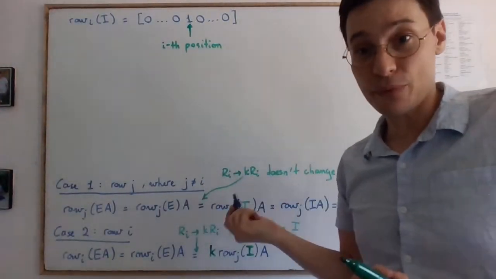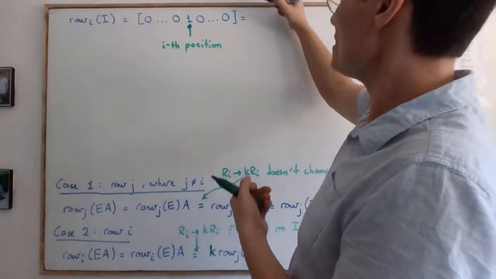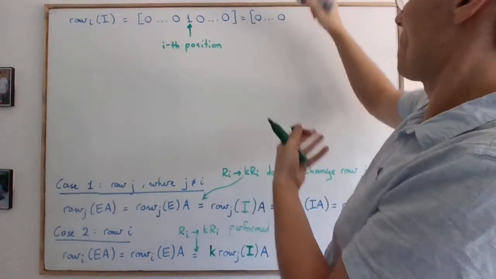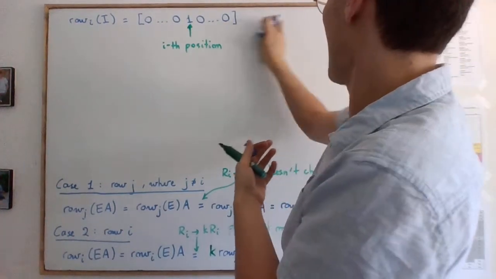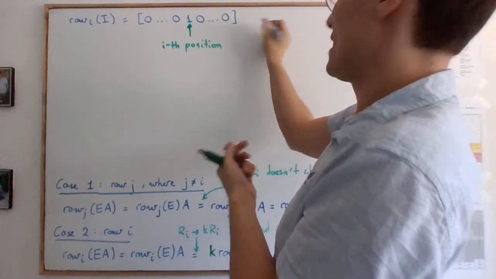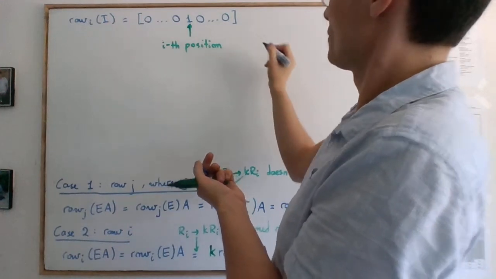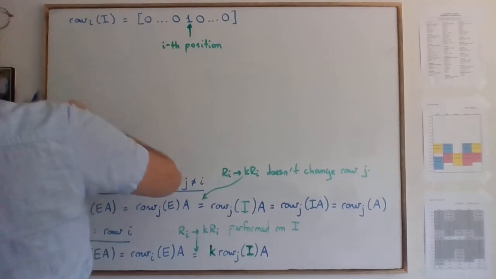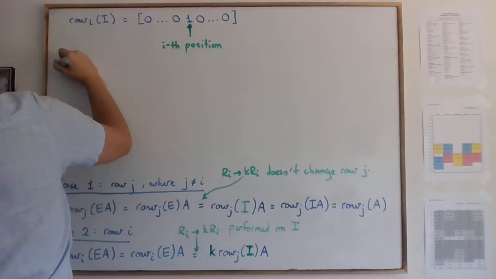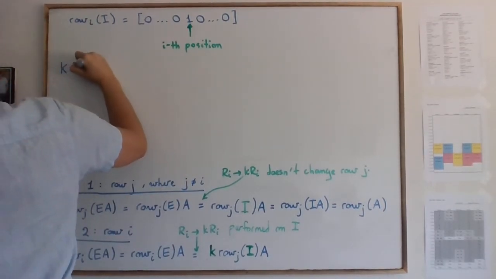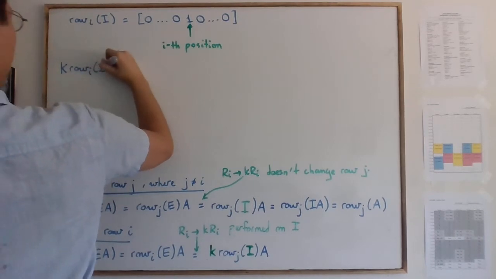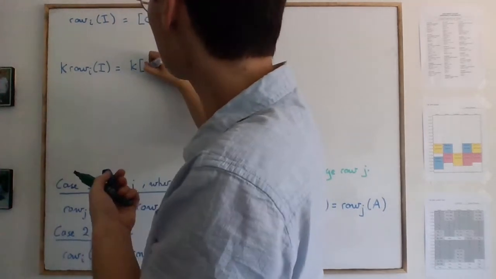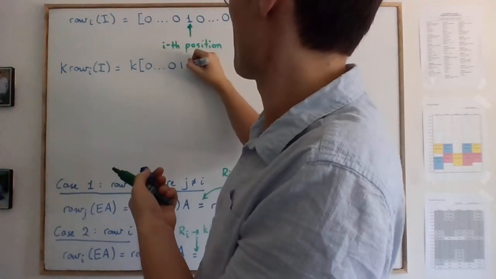Now, let's write what is k multiplied with the row i of I. First of all, it's k multiplied with the same row.